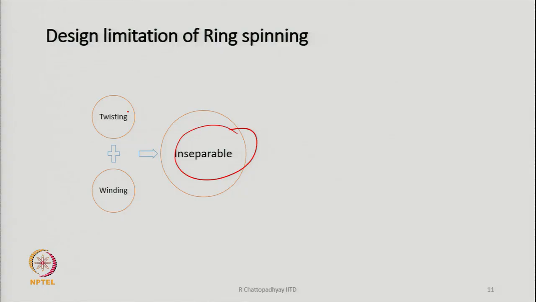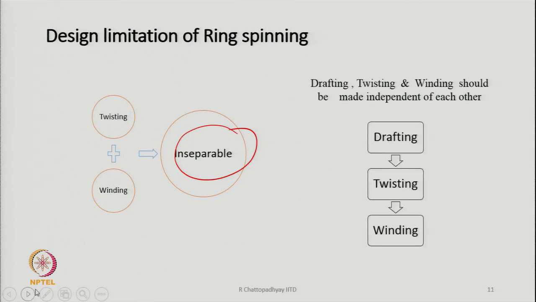Anyway, the twisting and winding processes in the case of ring spinning are inseparable, they are happening together. Drafting, twisting and winding, these are the three processes which are happening together. If we want to think of going for high speed, then there is a need to separate out twisting and winding processes, that is, they have to be independent of each other.